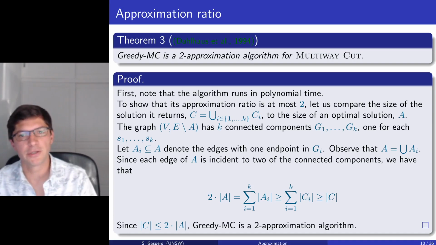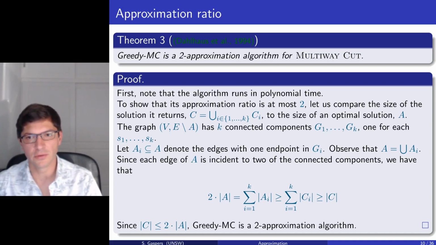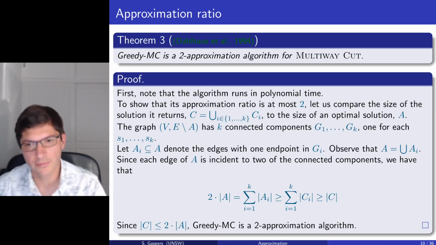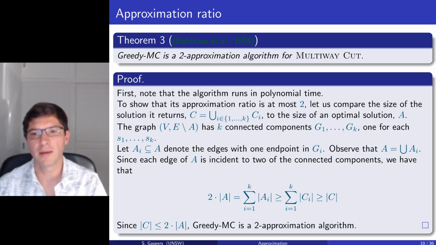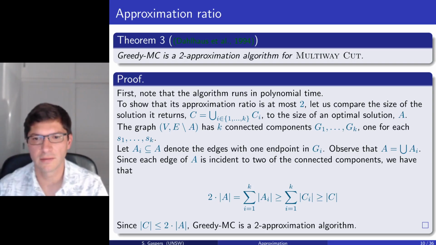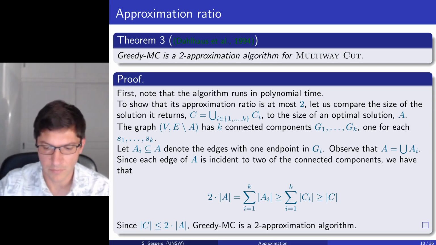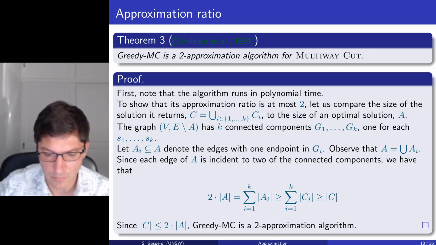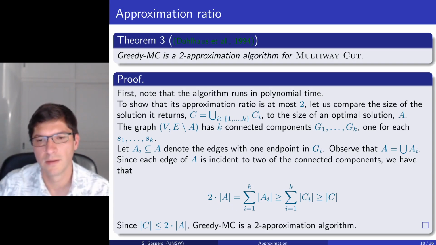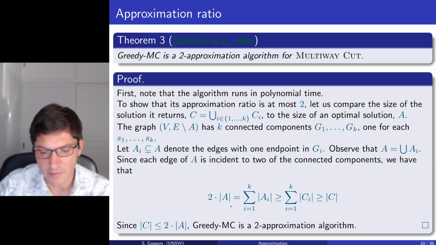Now, since each edge of A is incident to two connected components, if we sum the size of the A_i's, we get exactly 2 times the size of A. So 2 times the size of A equals the sum of the sizes of the A_i's.